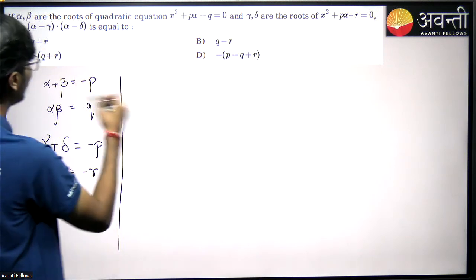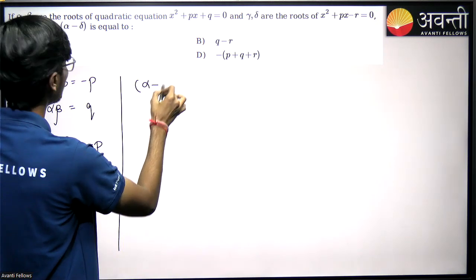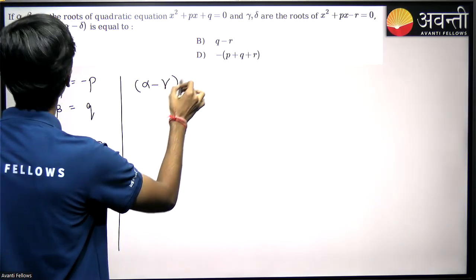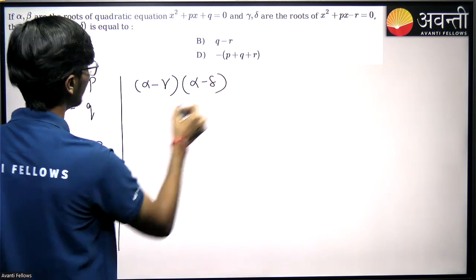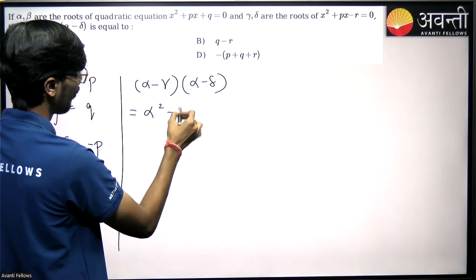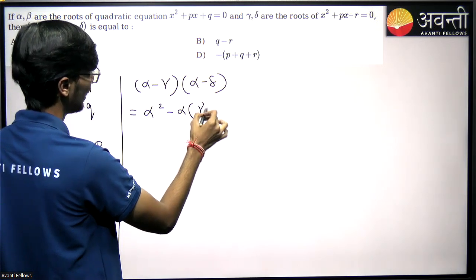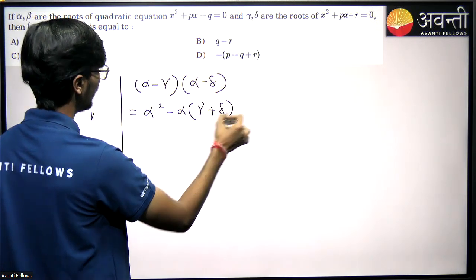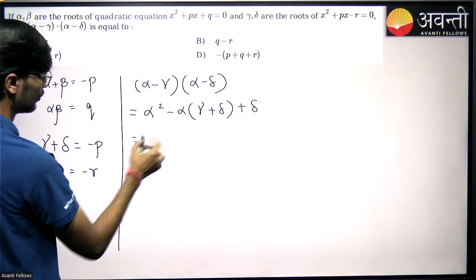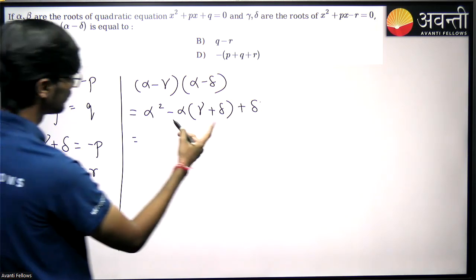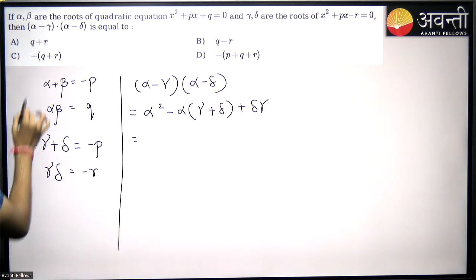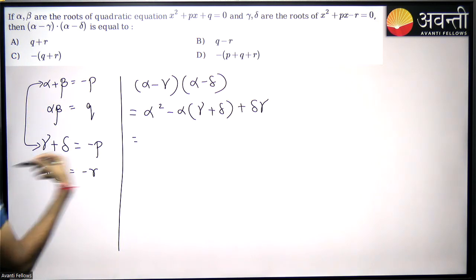So let's see what we have to find here. We have to find alpha minus gamma into alpha minus delta. Let's open the bracket. This is alpha square minus alpha, we can take common, gamma plus delta, plus gamma into delta. Here we can see alpha plus beta is equal to gamma plus delta.